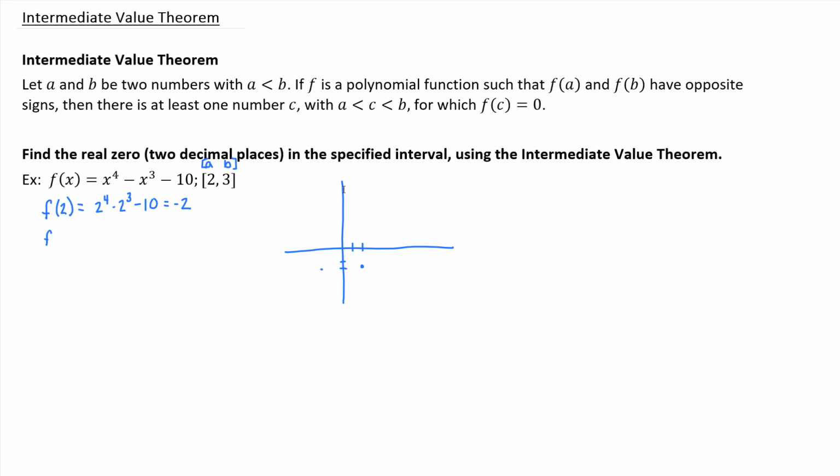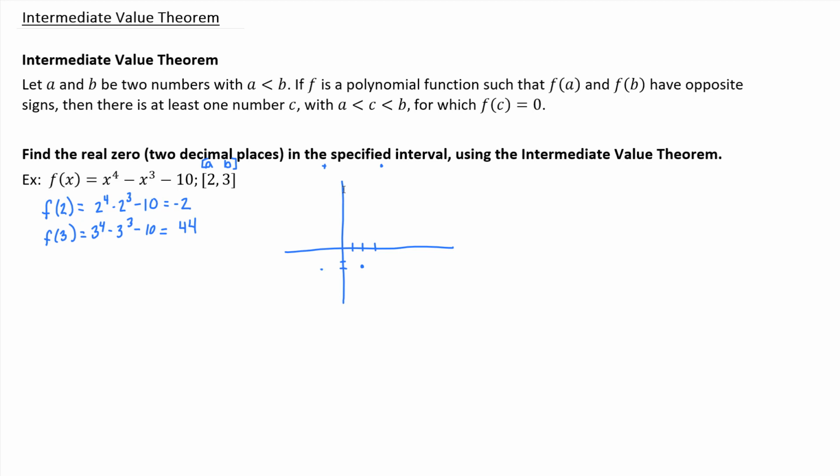Then you have your f of 3, which if you plug it in, you get 3 to the 4th minus 3 cubed minus 10, which is 44, somewhere way up here. That f of 3 took on a positive value, 44, a height of 44.